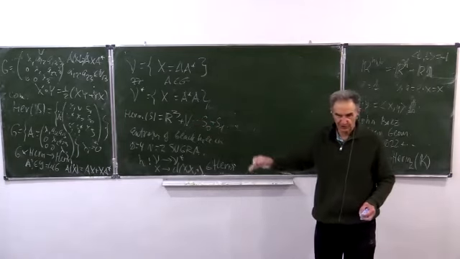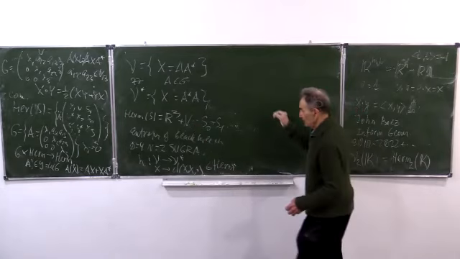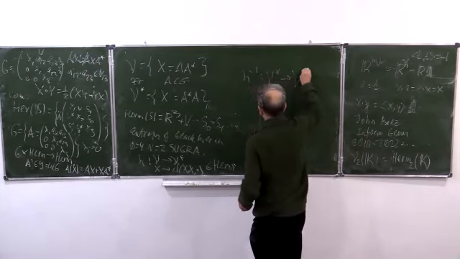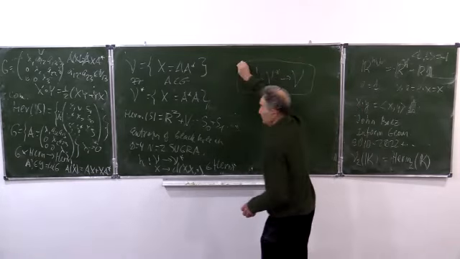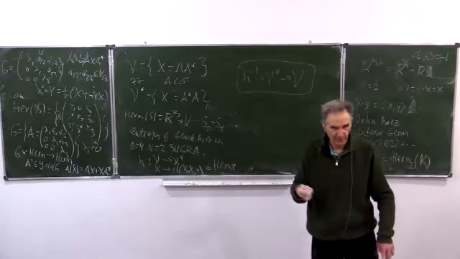But we can solve this for any special cone. The problem is to find H minus 1 from V star to V, because this expression appears in the formula for this black hole.